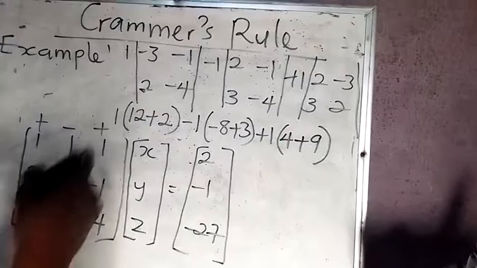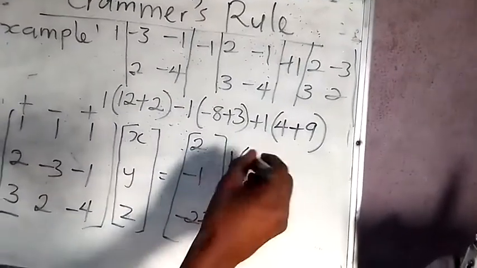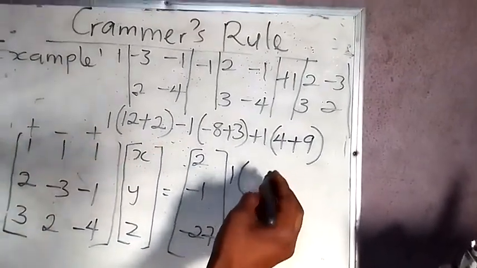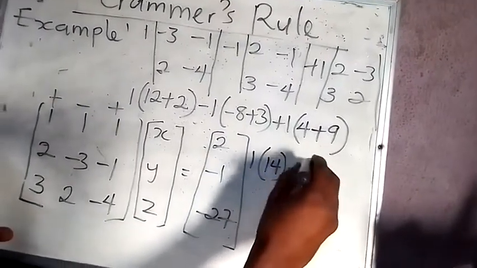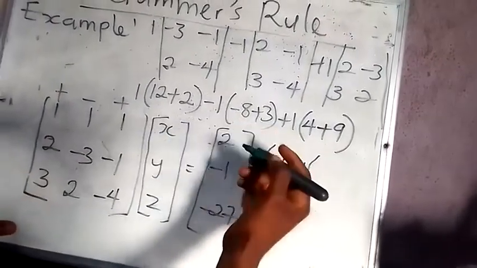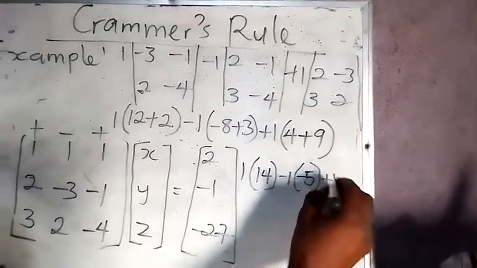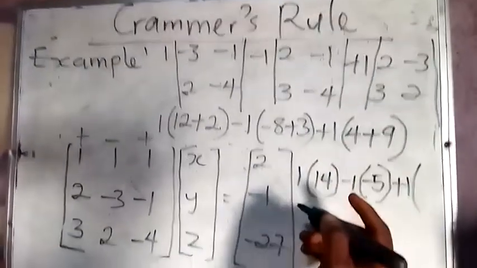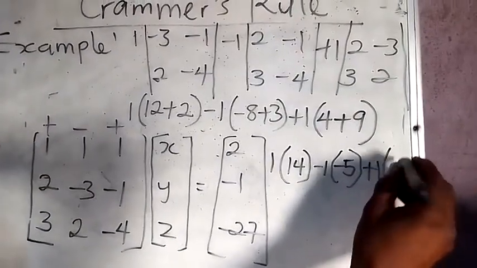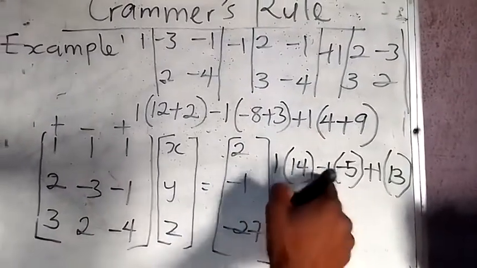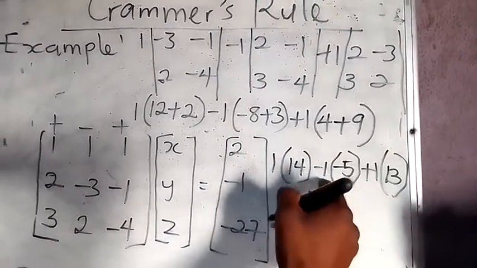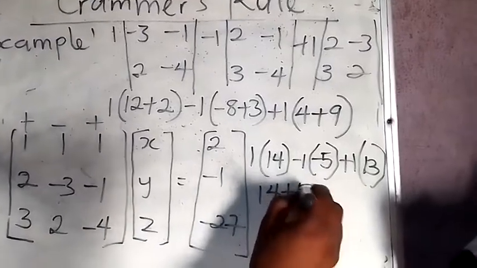So that will give us 1, open bracket, 12 plus 2, that is 14. Minus 1 into bracket, minus 8 plus 3, minus 5. 4 plus 9, that is 13. So 1 times 14, that is 14. Minus is minus plus, 1 times 5, that is 5.